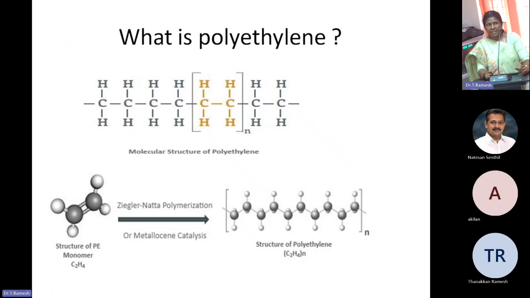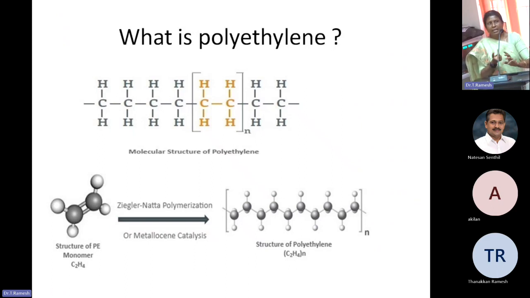If you take a single monomer of polyethylene, I just marked it, it has 2 carbon and 4 hydrogen. This is a single monomer of polyethylene. Such monomers on polymerization become what I have given on the right side, a continuous chain-like structure. It is very difficult to break this.